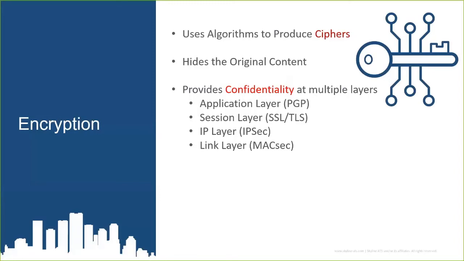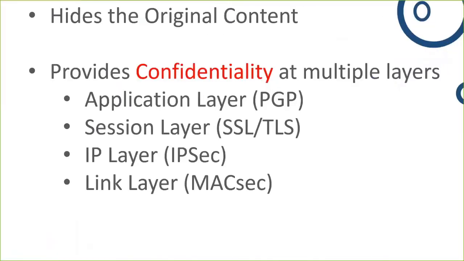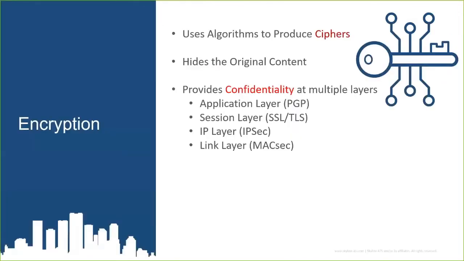And then at the link layer, we have MACsec. All of these really accomplish this idea of scrambling the data in such a way that somebody that intercepts the data can effectively not be able to read it without having the associated information that actually encrypted it.